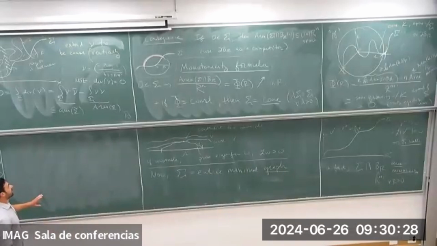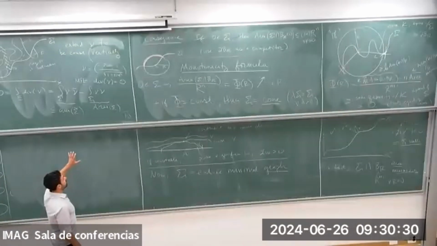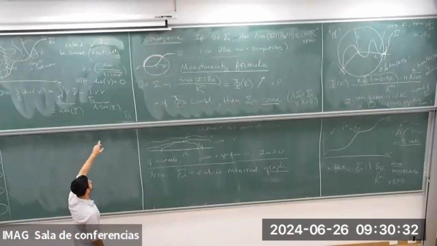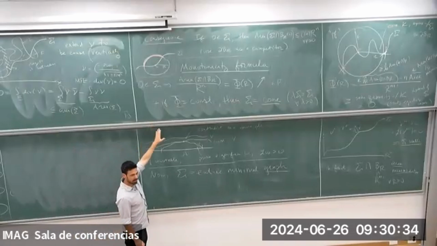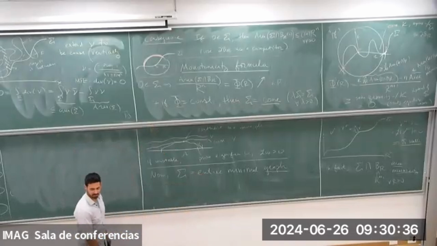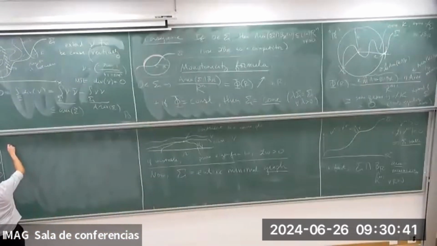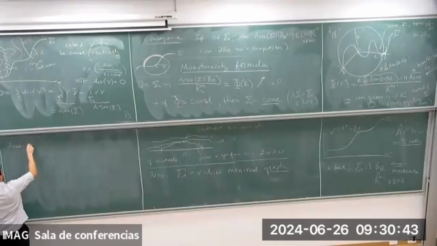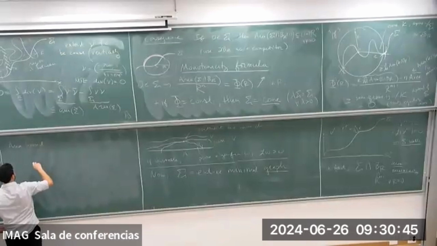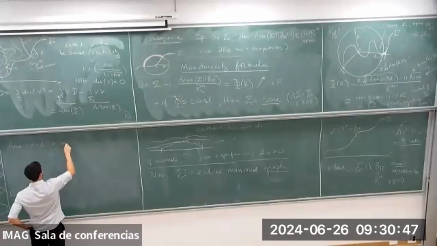So now I'm just going to combine the two things that we just talked about. The fact that sigma is minimizing, with the area bounds of sigma, plus the monotonicity formula, and some theory which I'm not going to talk about, allow us to say something.